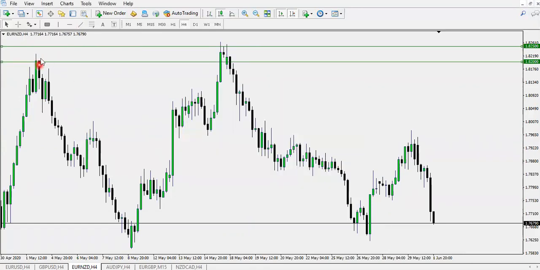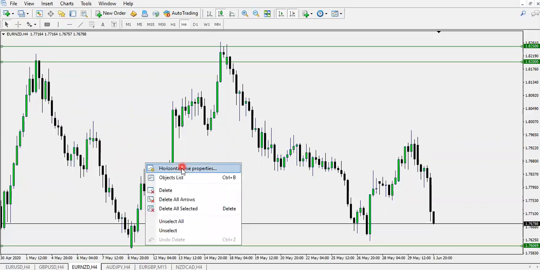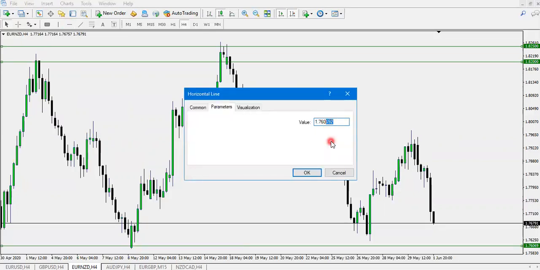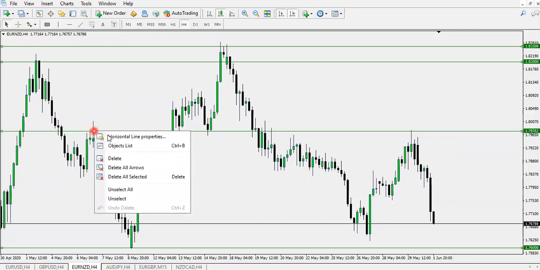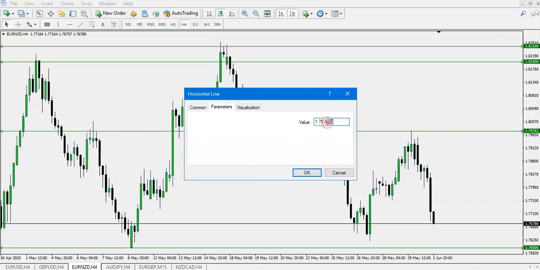So there's our round number. And if we look at the bottom here, we can say that this is our round number. Some more reaction of this zone over here, and we can say that that is our 800 price level.